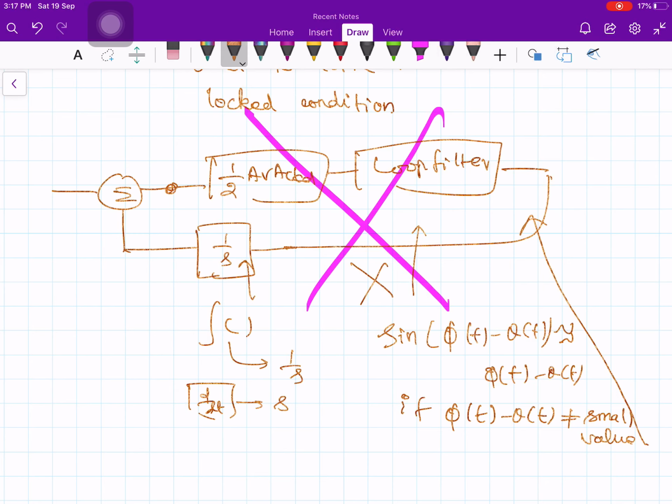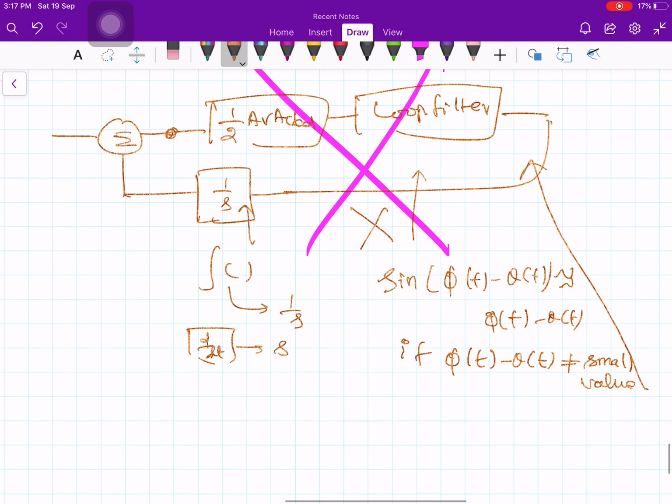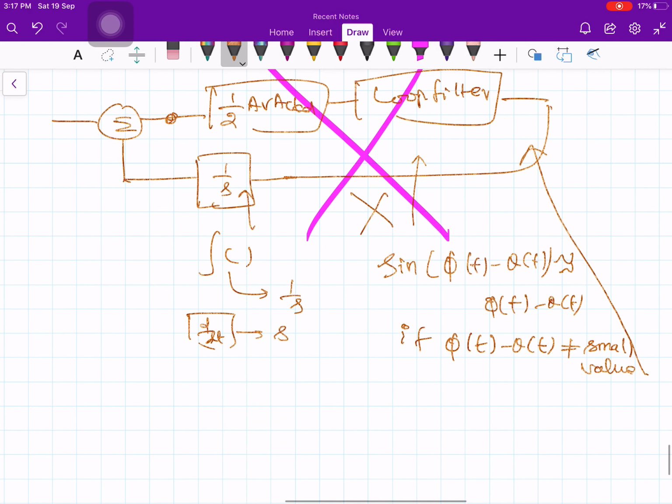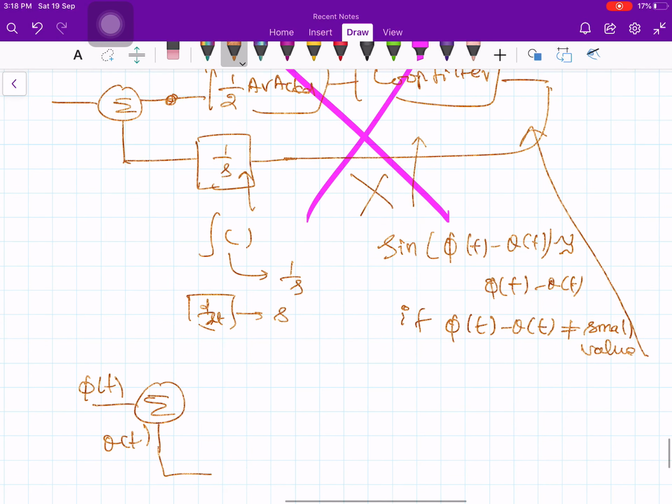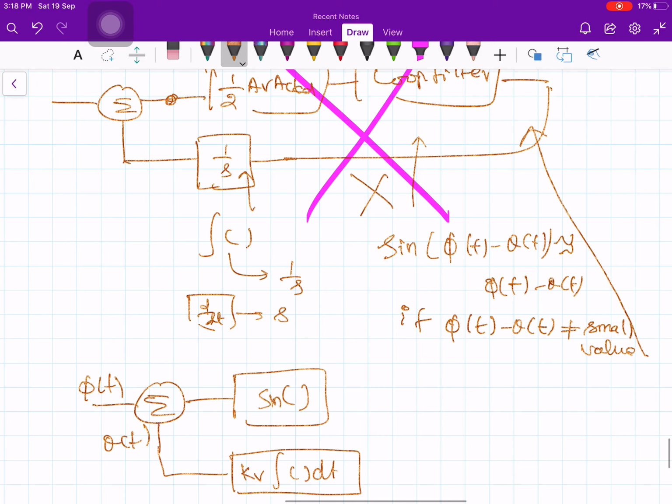Okay, so I need to modify this diagram. How can I modify? Our old friend, this is my phi of t, theta of t, you put KV times integral dt, and this one is sine of that function, then 1 by 2 AC AV KD, then loop filter.